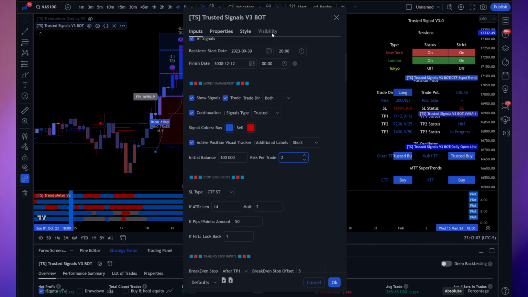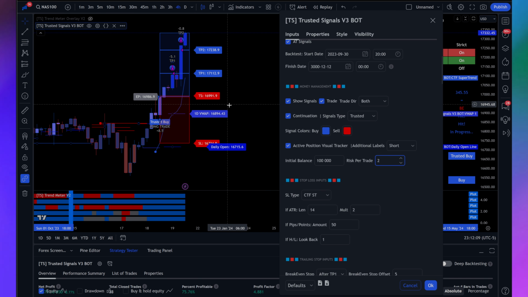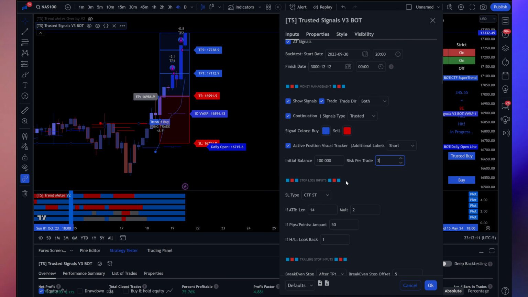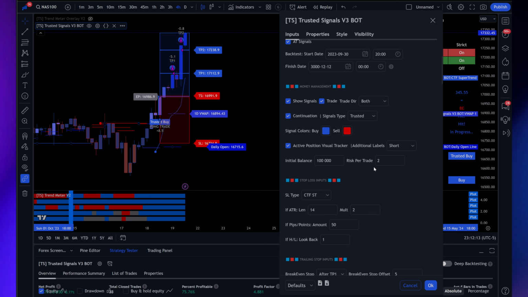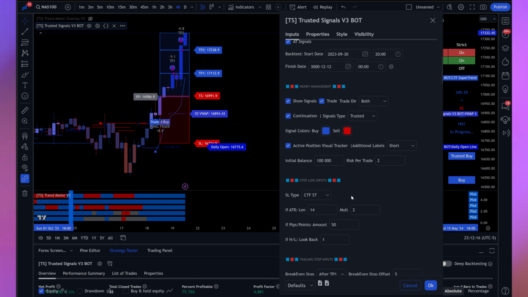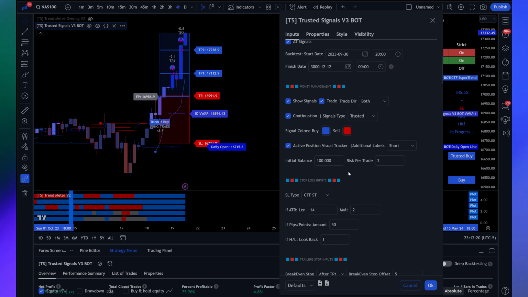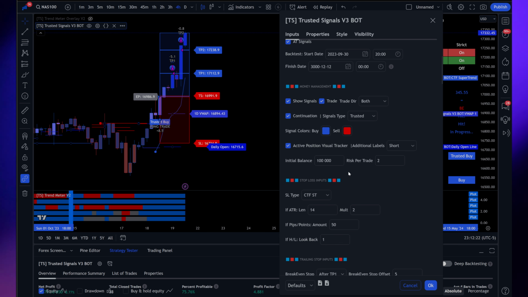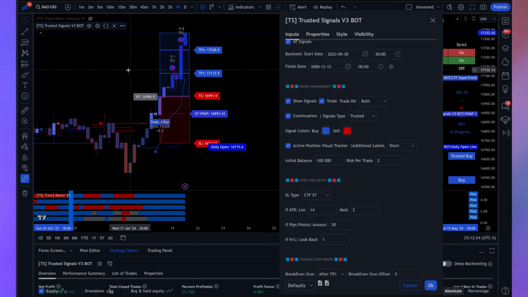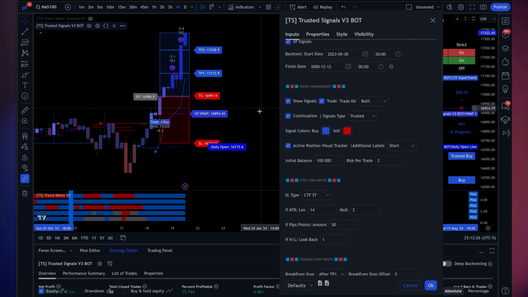Obviously, risk management, okay? Before I even go into what stop loss types there are, when we're talking about risk management, using this in connection with Automated Trader, which is soon going to release the API, which is going to have seamless integration from Trusted Signals, TradingView, and MT4, MT5, right?